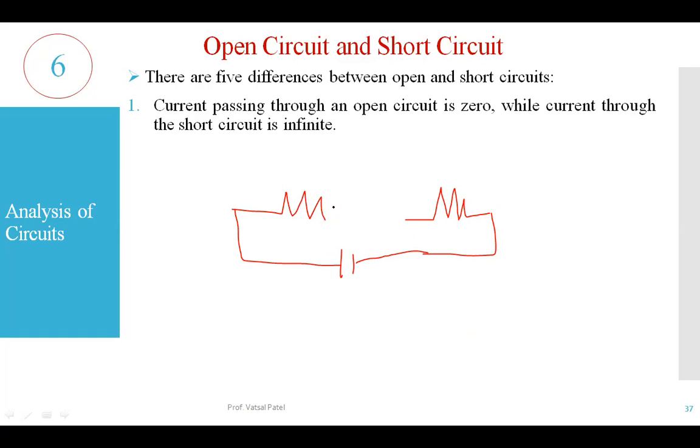No, there will be no current flowing in this circuit because there will be no closed loop path over here, or no closed circuit here. So this circuit is indicating the open circuit. So that's why the current is equal to 0.